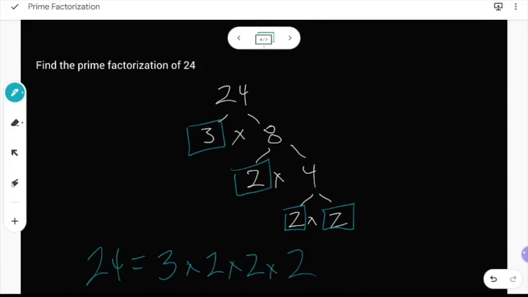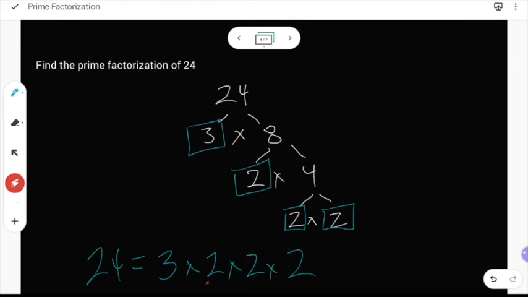Now this does look a little bit different, only because I just put the 3 at the front. Remember, multiplication is commutative, so it doesn't matter whether my 3 is at the front or if I move it to the end. As long as all I'm doing is multiplying, they can go in whatever order I like. And let's check. 3 times 2 is 6, and then 6 times 2 is 12, and 12 times 2 is still 24.